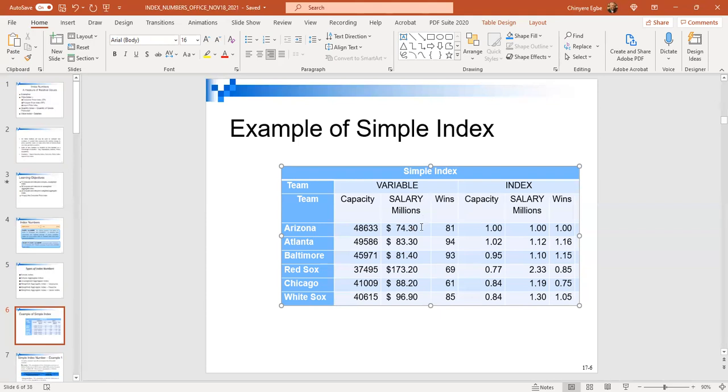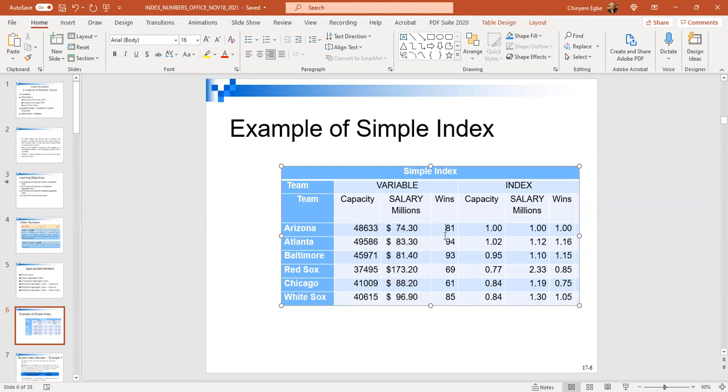The salaries that are paid to players in Arizona in the millions, the total salaries. Again, you see that different cities, different units have different total salaries.